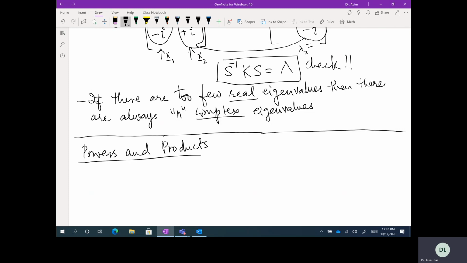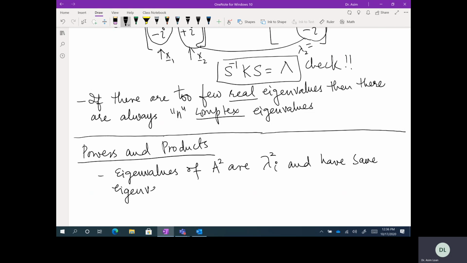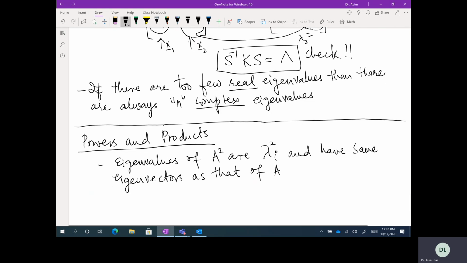My claim is the eigenvalues of A square are lambda square and have the same eigenvectors as that of A. How do you prove that?